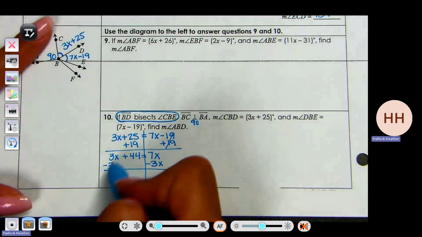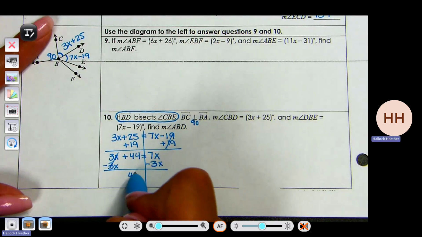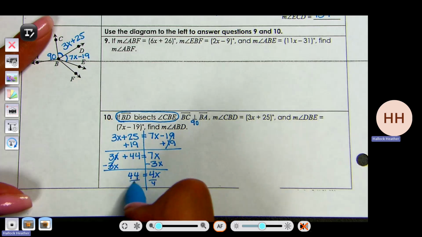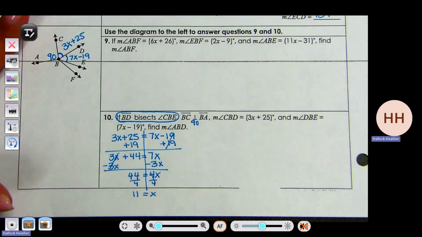What do we get for x? 11. Good, because you should get 44 equals 4x. I divide by 4, divide by 4. So x is 11.